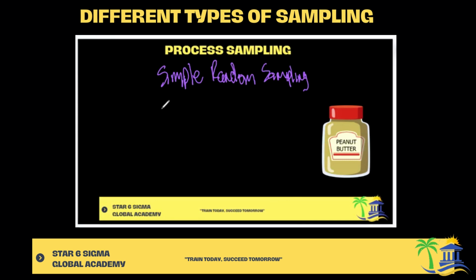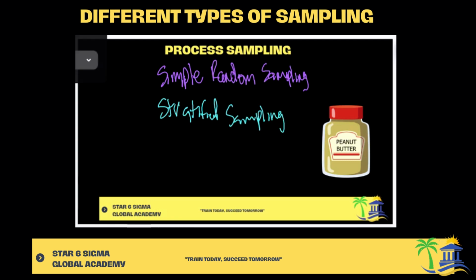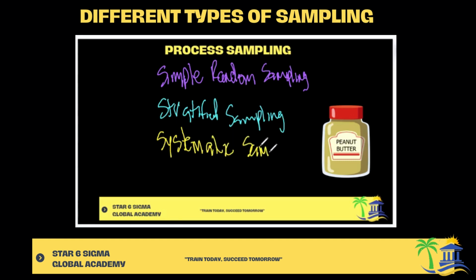You have stratified sampling. You also have systematic sampling. And then you have what we call cluster sampling.